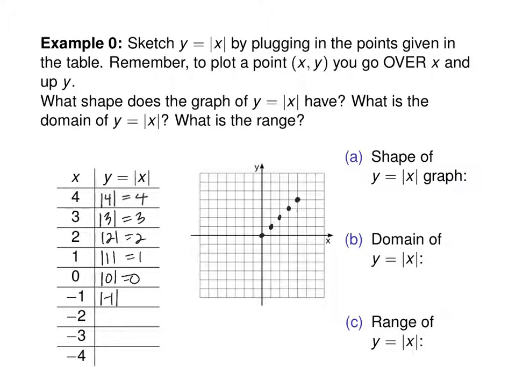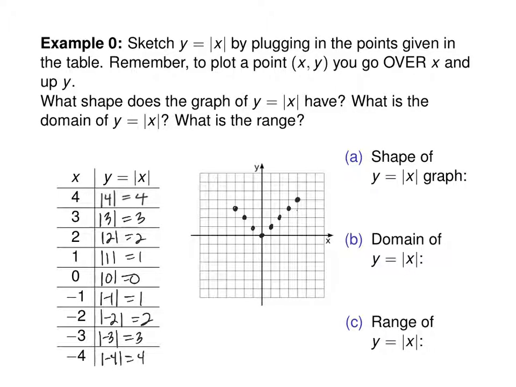With negatives, so absolute value of negative 1, how far away from 0 is negative 1? It's just 1 unit away. Absolute value of negative 2 will be 2, so that's back 2, up 2. Absolute value of negative 3 will be 3, and the absolute value of negative 4 will be 4.